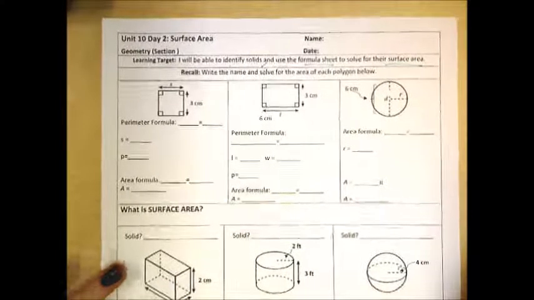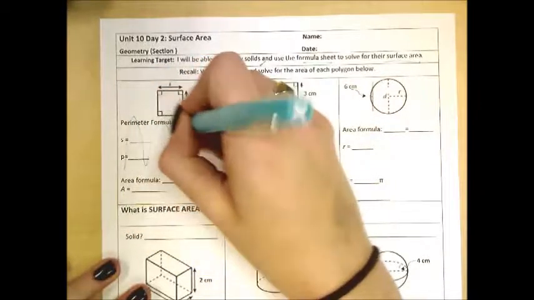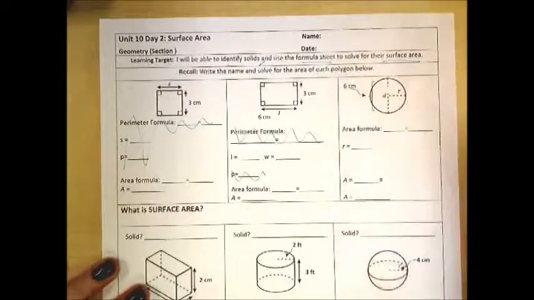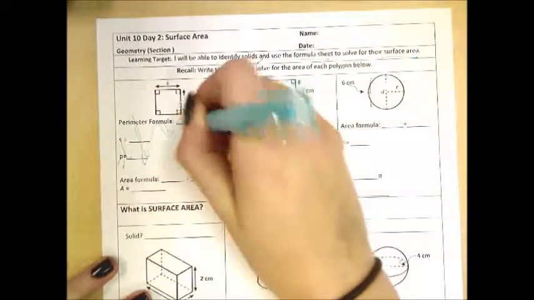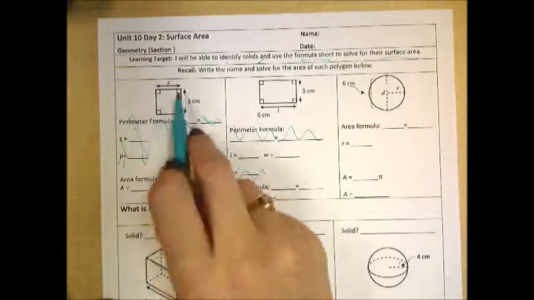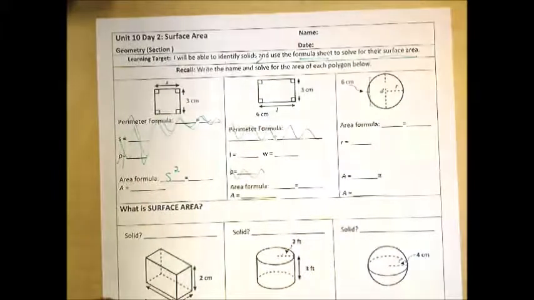Alright, so there's some stuff on here that we actually don't need, so you can just cross off the perimeter part of all of these. On these two you don't need to find perimeter. We just want to do the area. So our area of a square is s squared.